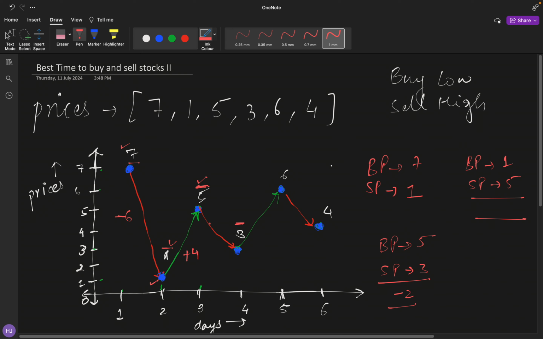Minus 2, a loss in value of 2, because at this point my value is 5 and the very next day the value of my stock fell to 3. So it's a loss. Will this transaction become part of our answer? The answer is no. So we will continue. Let's go to the next value, which is 3.